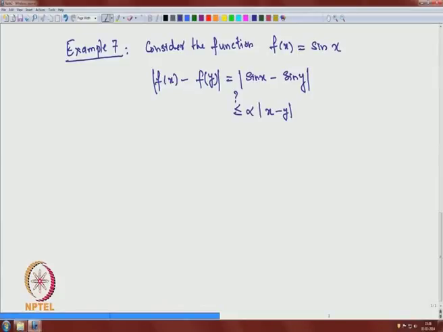It is not that straightforward, though if you use some trigonometric identities you may be able to. But if you just apply Theorem 3, the sufficient condition for Lipschitz continuity, that ensures that the function f(x) equal to sin x is Lipschitz continuous. So, how? Because f'(x) is cos x and it is bounded. So, cos x is bounded by 1 for all x.